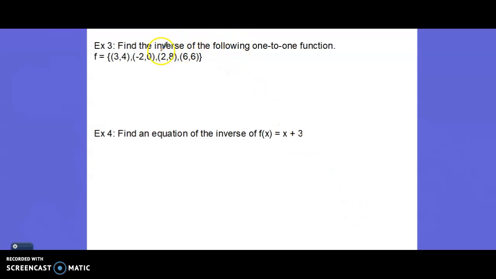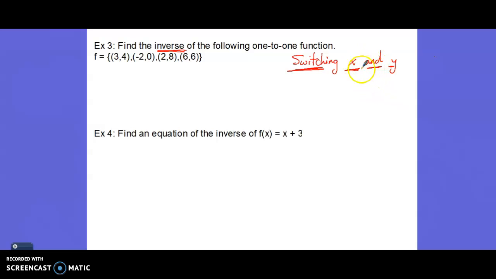Okay, so let's get into the meat of what it means to be the inverse and why we do these tests. The inverse is switching X and Y around. I'm pretty confident you guys did this even in the shortened Algebra 2 school year.